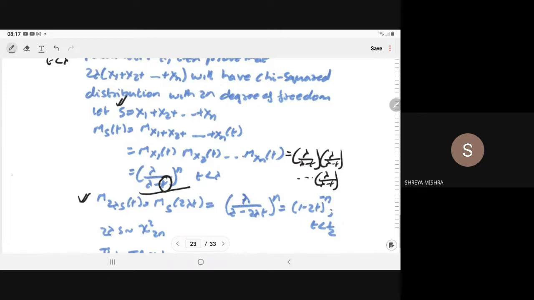So it becomes lambda upon lambda minus 2 lambda t, to power n. Cancelling lambda, this can be written as 1 minus 2t to power minus n, which is 1 minus 2t to power minus 2n upon 2. So 2 lambda S follows the chi-square distribution with degree of freedom 2n.